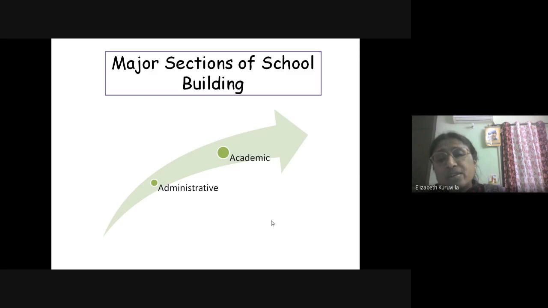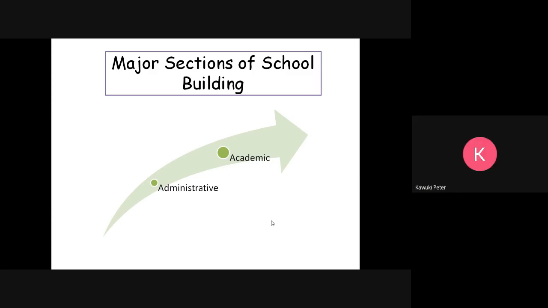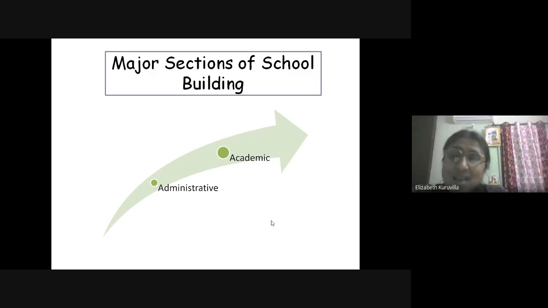Kavuki, did you get the question? This school building, in the Indian context, is divided into two sections, academic and administrative. My question is, in your school context or university context, how is the school building divided?